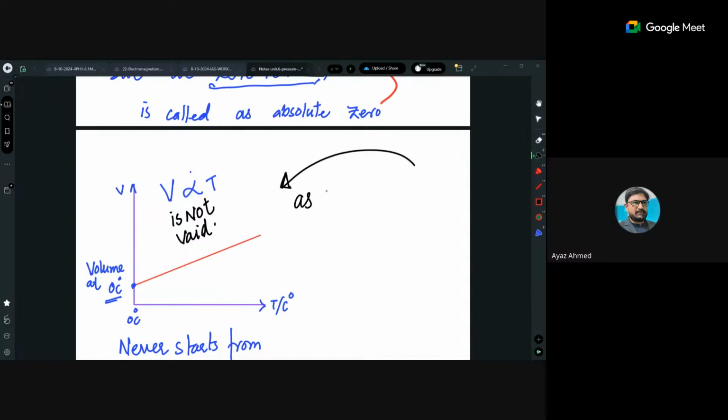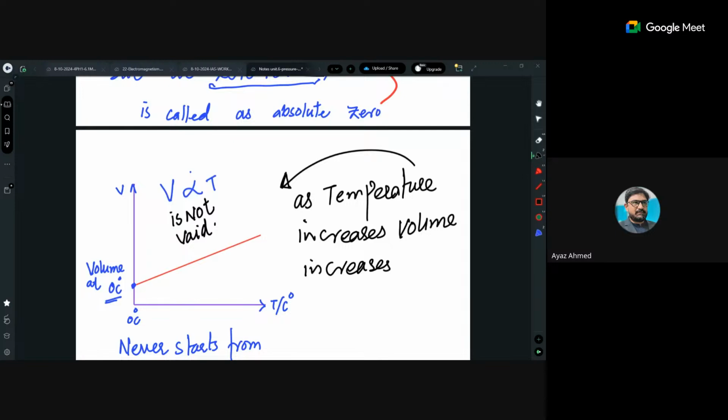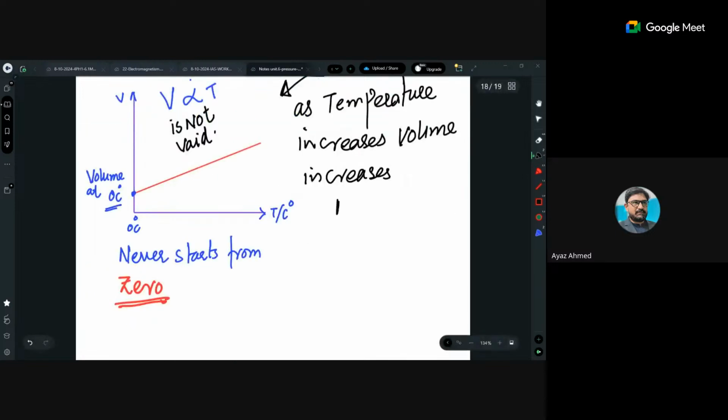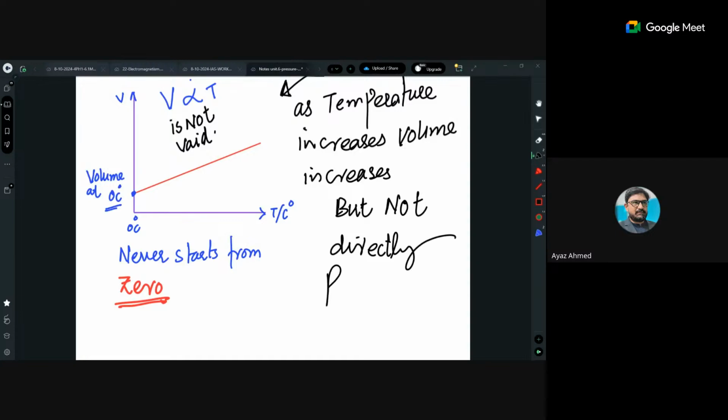That as temperature increases, volume increases, right? But not directly proportional. Remember this thing. But not directly proportional. Okay, is it clear to you?